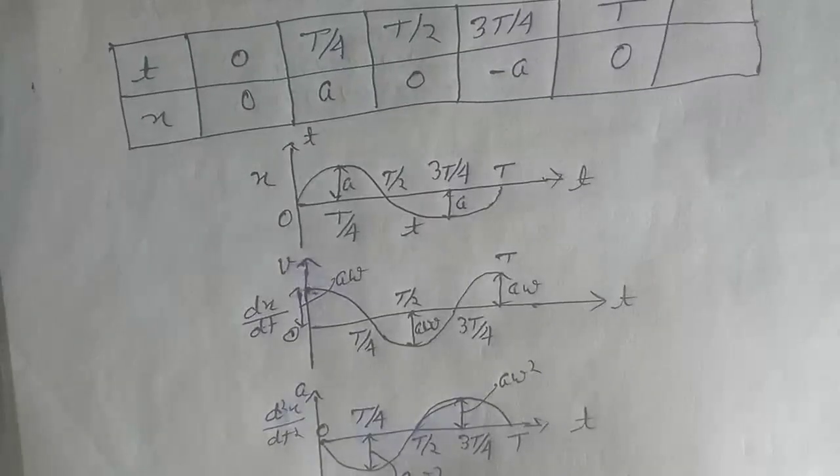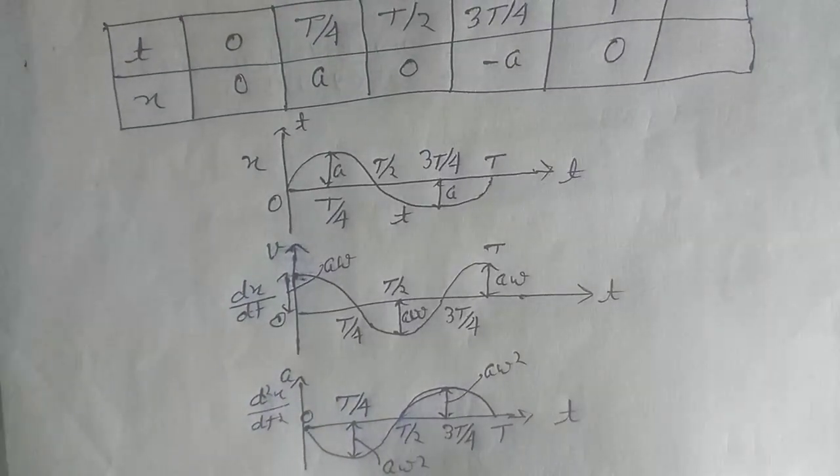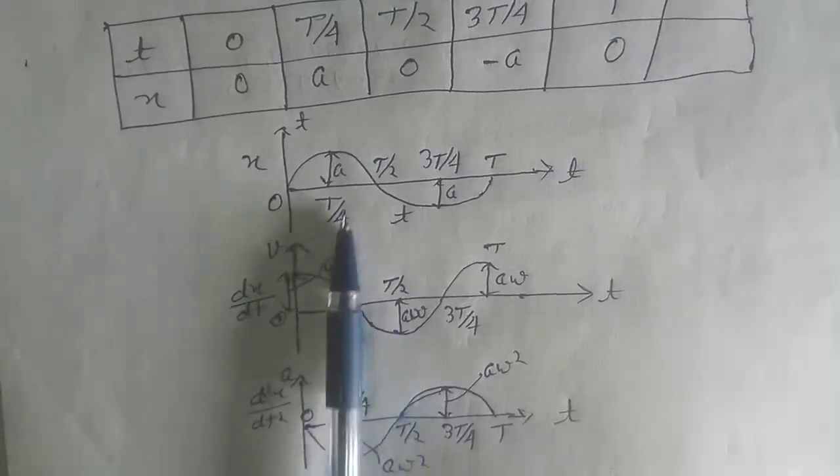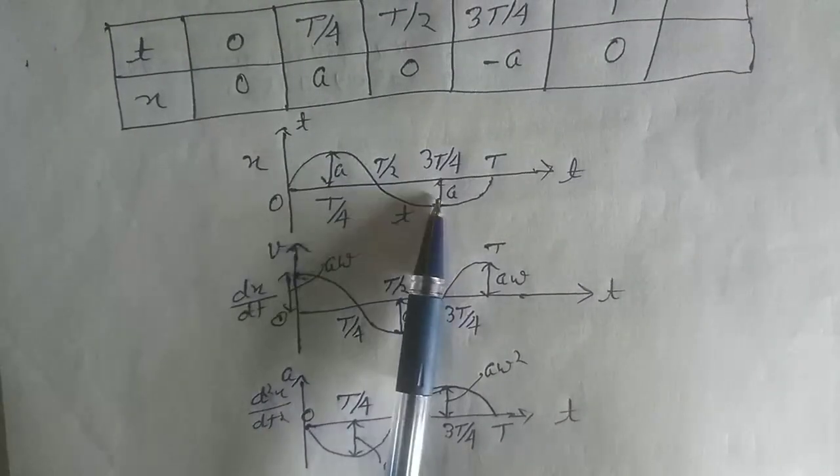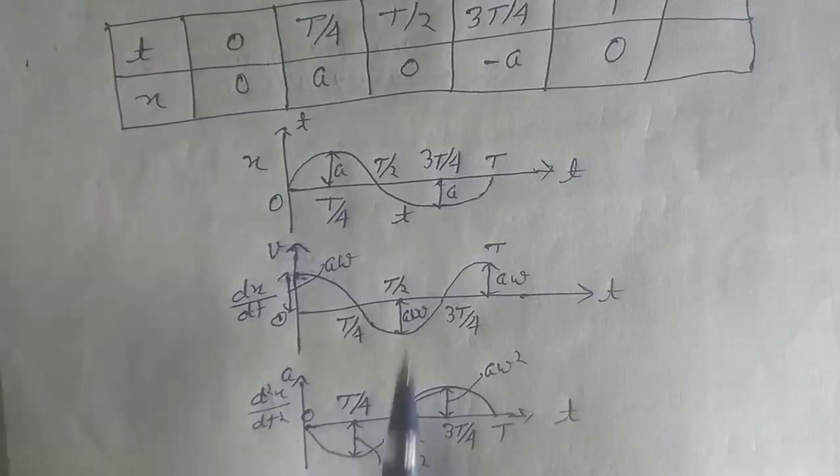And from this graph we see that the velocity is maximum when the displacement is 0, and 0 when the displacement is maximum. Again, the acceleration curve is the mirror image of the displacement curve, that is, this represents displacement and this represents acceleration.